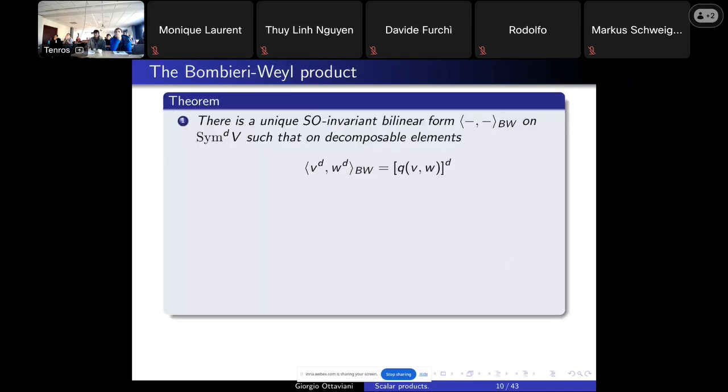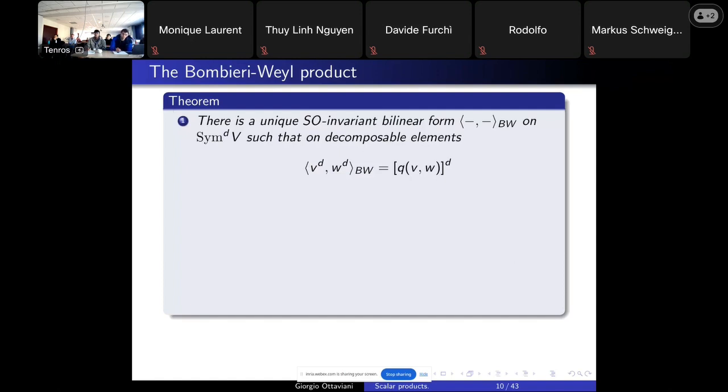Okay, now that's the theorem from above in the symmetric setting. You recall before there was a requirement on the decomposable elements, you have the product of all of them. Here the situation is easier because the product of two decomposables just introduces v^d, w^d. And this is again the requirement: the product of all of them is just the power of a single one.